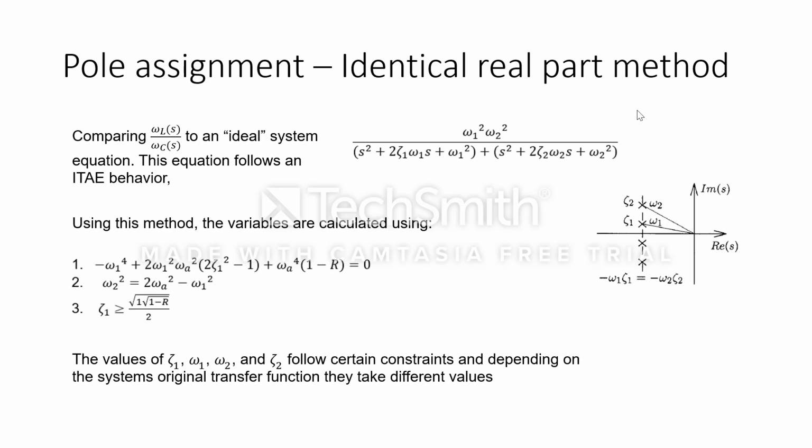For selecting the damping ratio 1, omega 1, omega 2, and damping ratio 2, I use the identical real part method, and these are the equations that govern such criterium. Basically, what we are doing is making all the poles follow this dashed line, and by doing so, we can assure a stable functioning of the system.